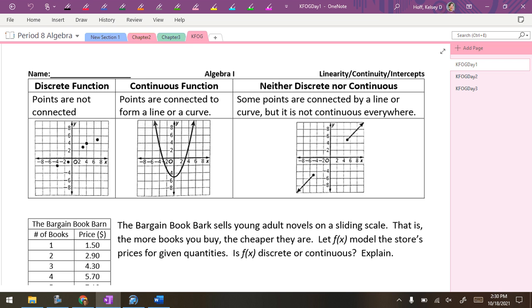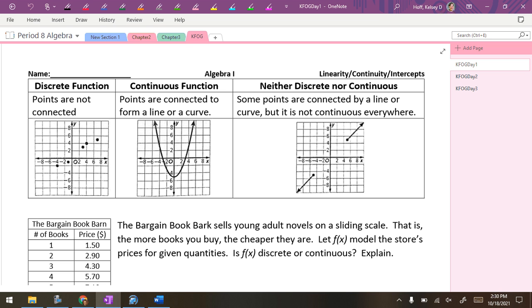I always say, could you take a Matchbox car and drive it along that road? If we took a Matchbox car, this technically could be a road. Yes? Your car wouldn't fall. If it's neither discrete or continuous, it means that points are connected, some of them by a line, maybe by a curve, but it's not continuous. If I went to drive a Matchbox car, we have an issue right here in the middle, correct?